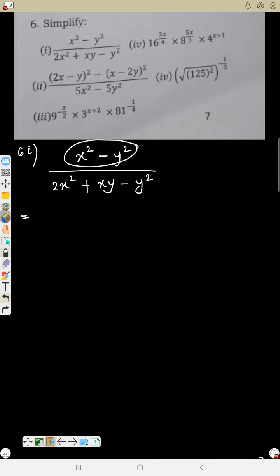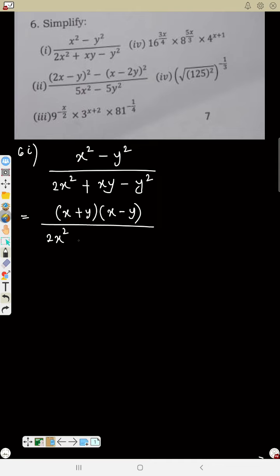the up one here is difference of two squares, that is x plus y, x minus y, divided by, now I'm going to solve this using the factorization method. So this is 2x squared plus 2xy minus xy minus y squared.